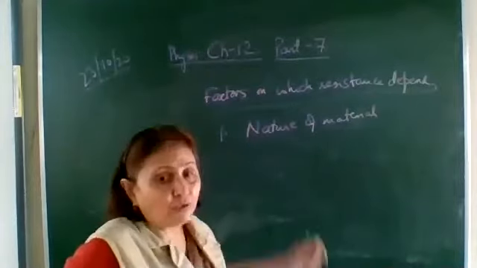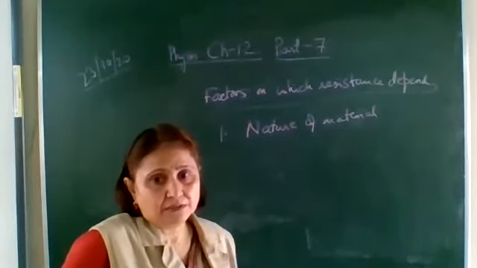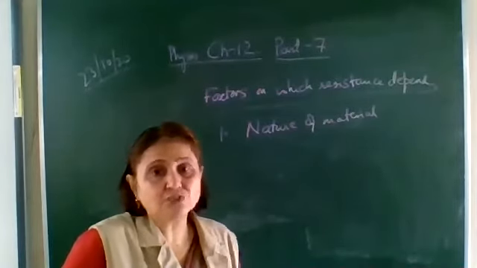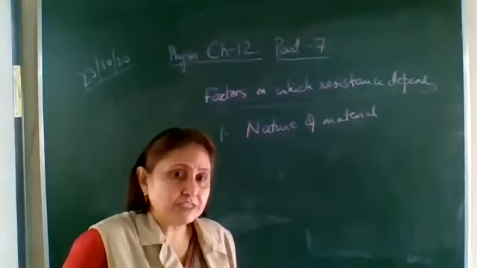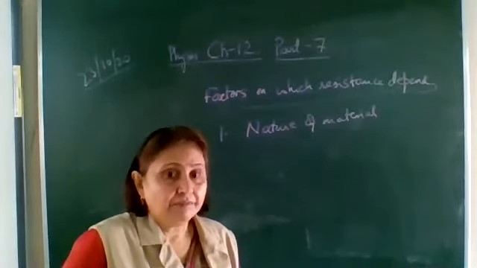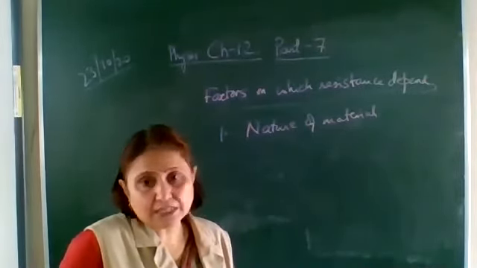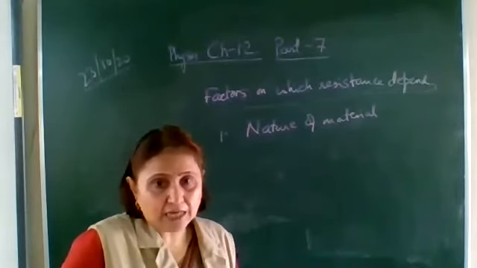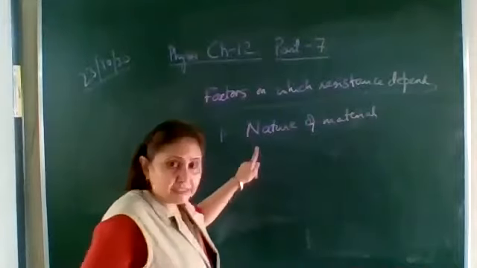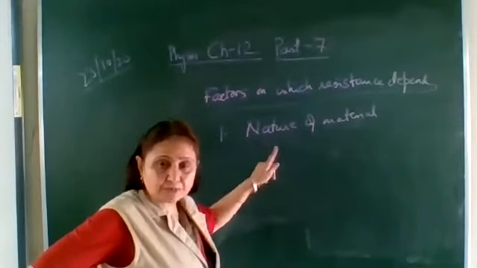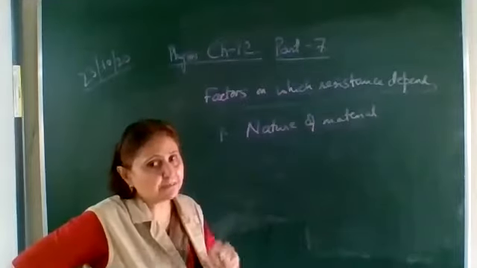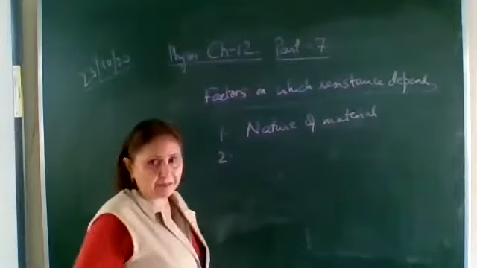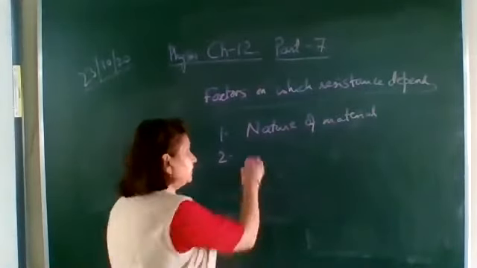Copper has very low resistance, that is why it is used as connecting wires. It also depends on whether it is an alloy. Nichrome is an alloy, a mixture of nickel, chromium, manganese and iron. So it depends upon the nature of the material. The second factor is the length of the conductor.